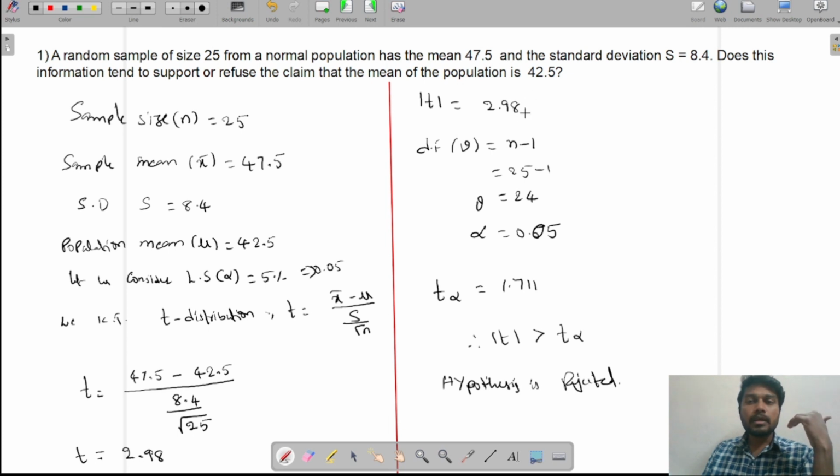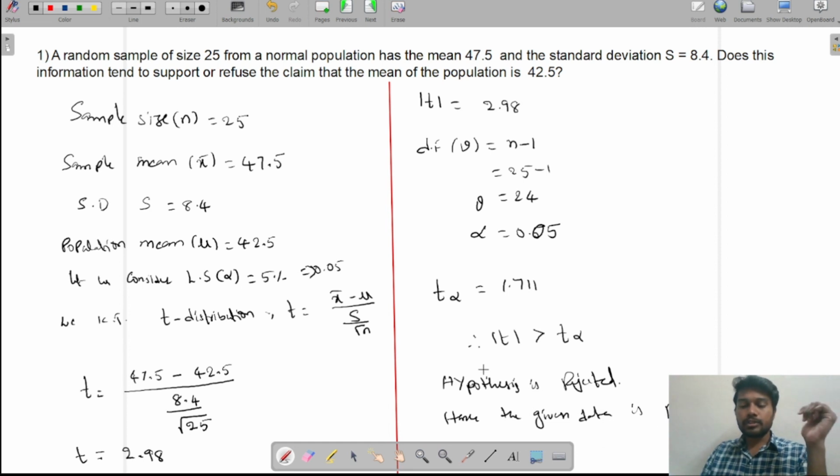Whatever information is given to you, it will be a refute. Hence the given data refutes it. Right, we'll go to the second question.